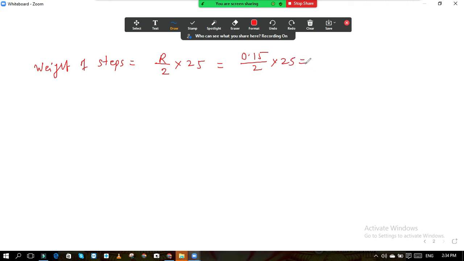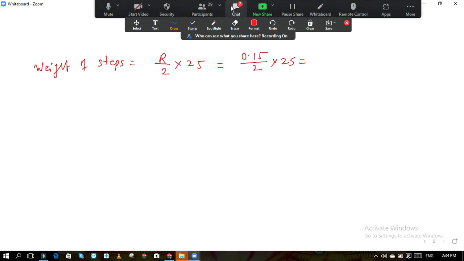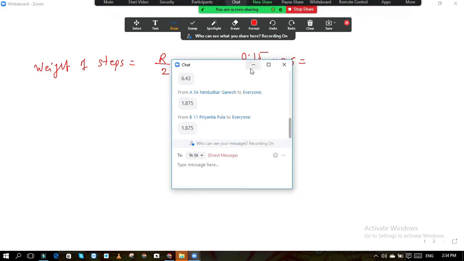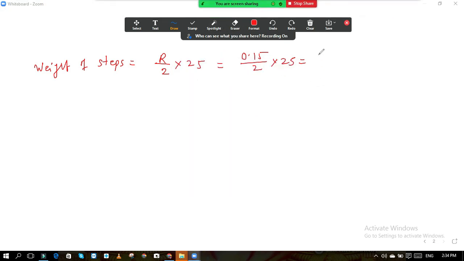Let me know the answer of this. 1.875. Okay. 1.875 kilonewton per meter. That is the weight of steps.